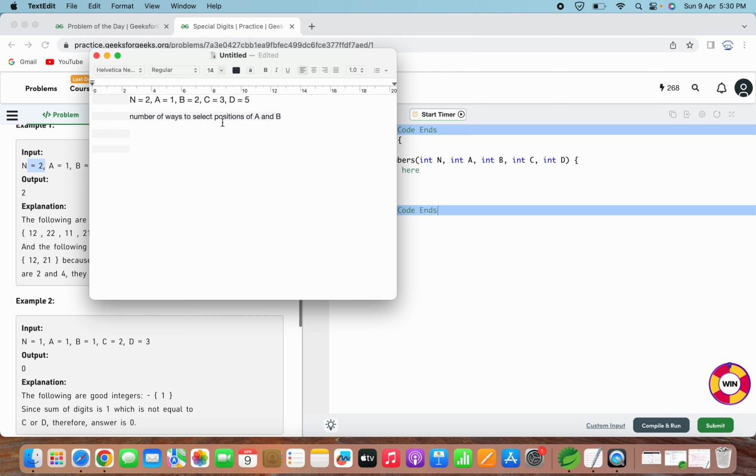It means we are selecting 0 places for A and the remaining 2 places for B. Here A is 1 and B is 2.